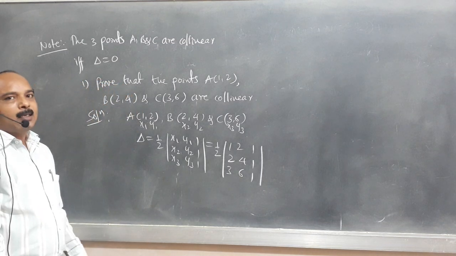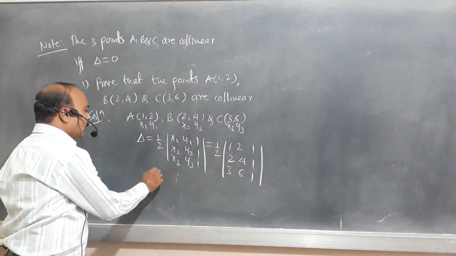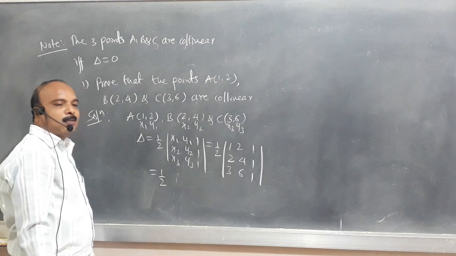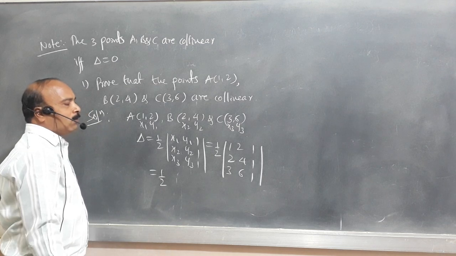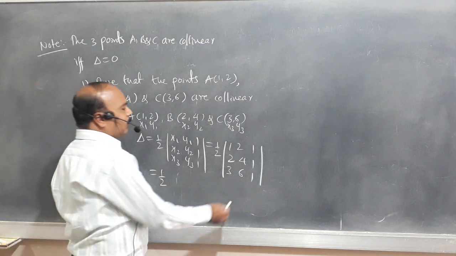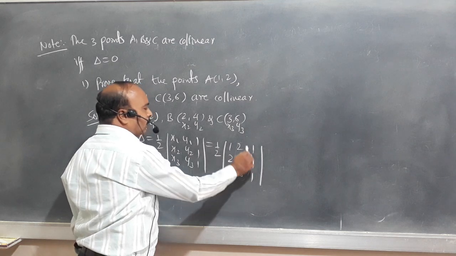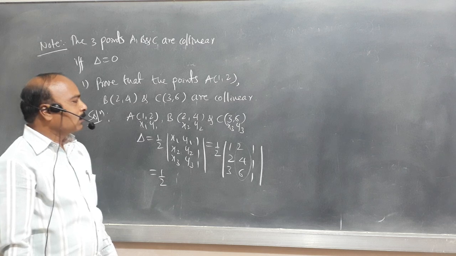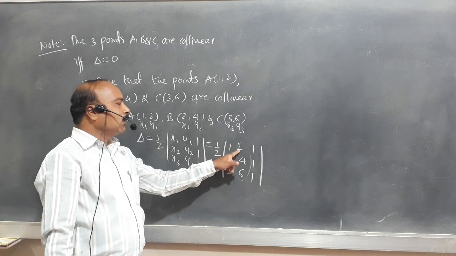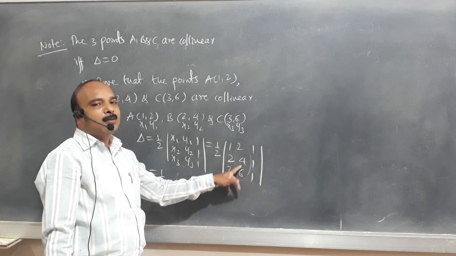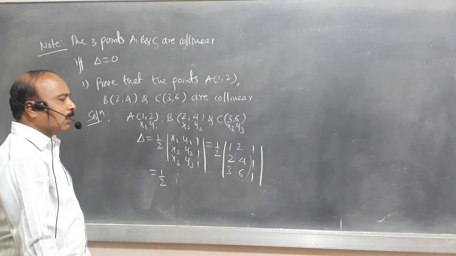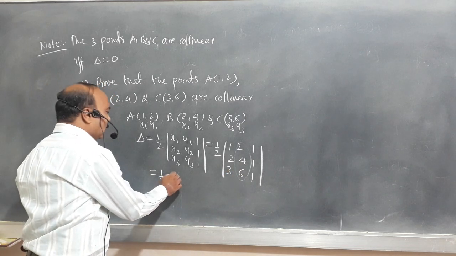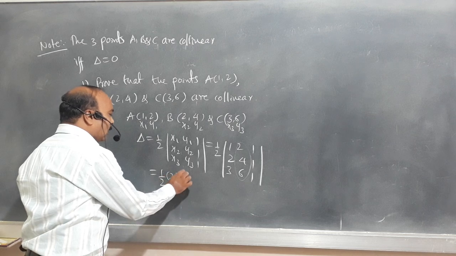Like that we get the determinant. Now it is 1 by 2 as it is. By using the third property, we observe that in the second column the element 2 is common, because 2 is 2 into 1, 4 is 2 into 2, 6 is 2 into 3. Therefore, by taking 2 common we get the determinant.